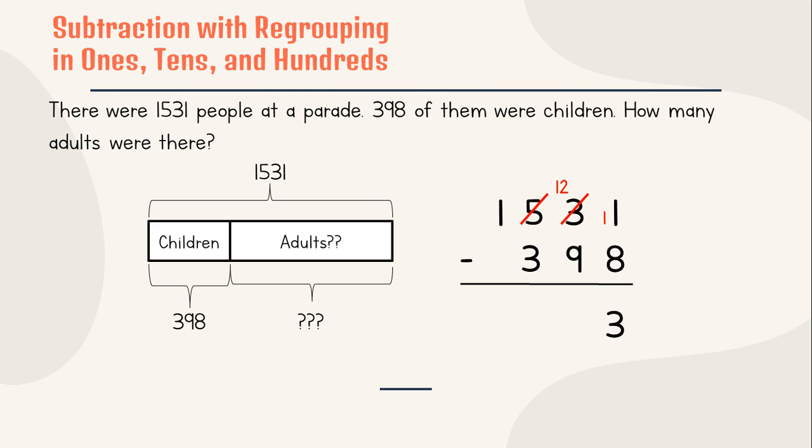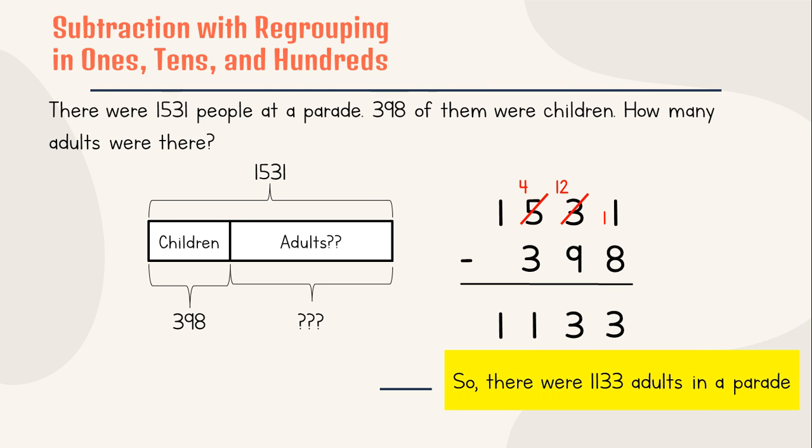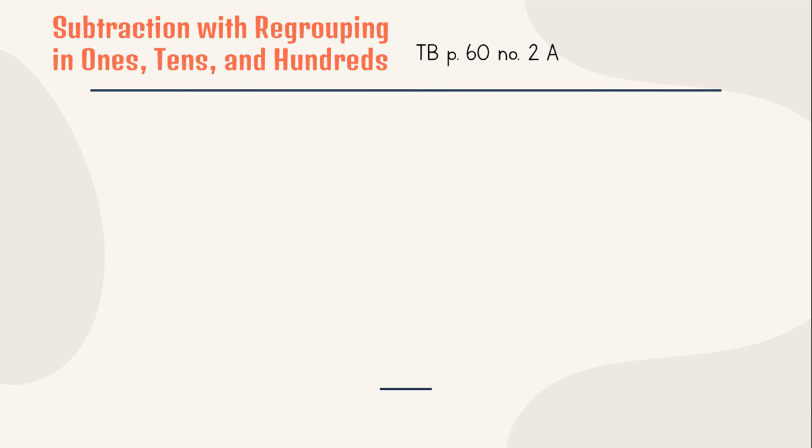So this 500 will be 4 hundreds. 100 and 2 tens or 12 tens minus 9 tens equals 3 tens. Okay? After that, 4 minus 3, 400 minus 300 equals 100. And then there is 1,000. So how many adults were there? So there were 1,133 adults in the parade.